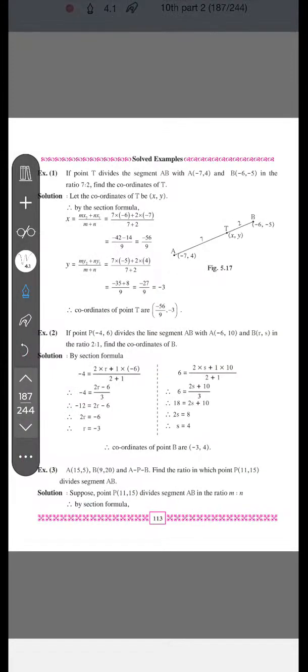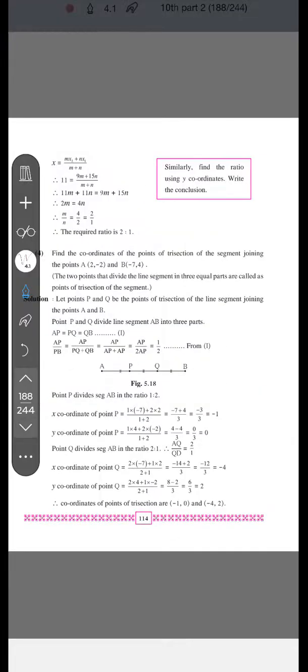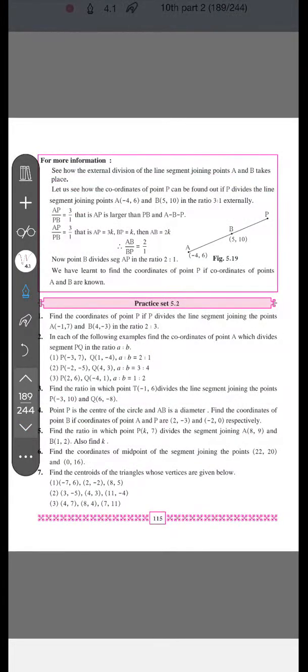Now the practice set 5.2. In practice set 5.2, if you have any doubt, just comment down below so I can take that directly. Otherwise I will take a few and move forward.